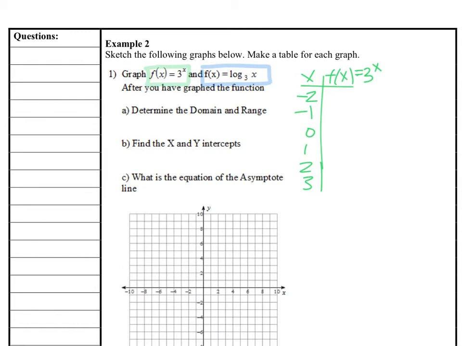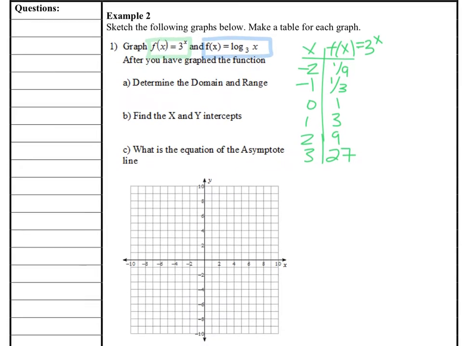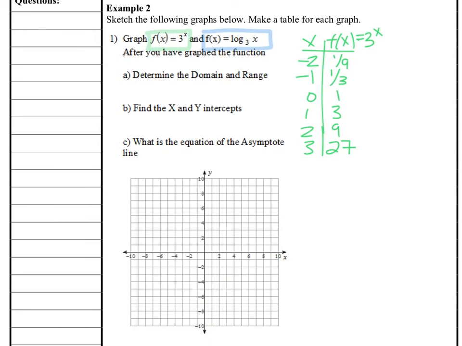3 to the third is 27. 3 to the second is 9. 3 to the first is 3. 3 to the 0 is 1. Then we just reverse that in terms of reciprocals, because this would be 3 to the negative 2, which is 1 over 9. So we can graph that. So if you want to pause, you can. I'm just going to keep the video running because I'm being a little lazy.